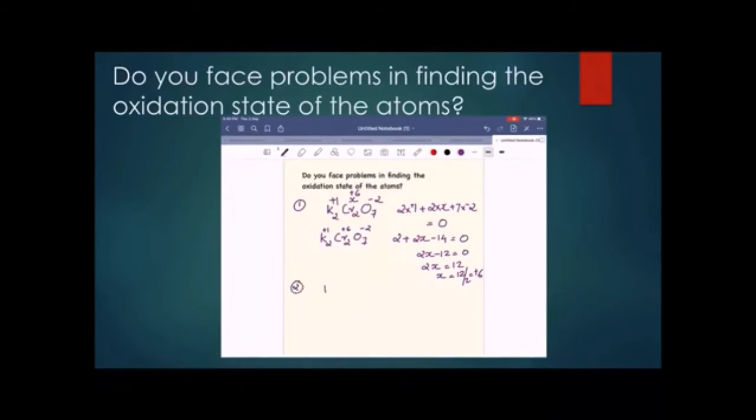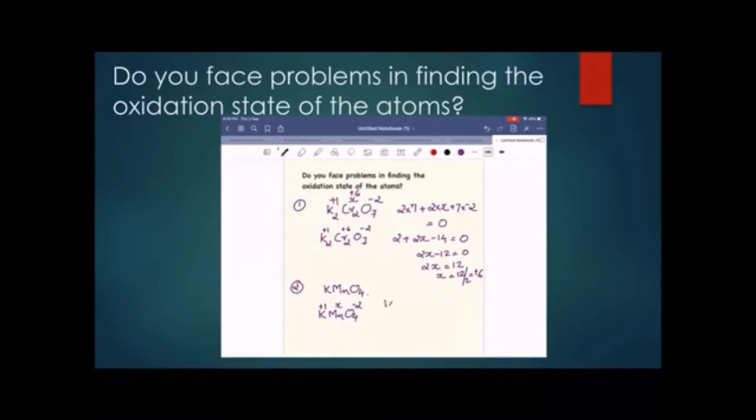Second example, potassium permanganate, a famous oxidizing agent. How to find the oxidation state of all the atoms? Potassium, alkali metal, +1; oxygen -2; manganese we don't know because it is a transition metal. Once we add all the oxidation states of all the atoms in this compound, we should get the value as 0.